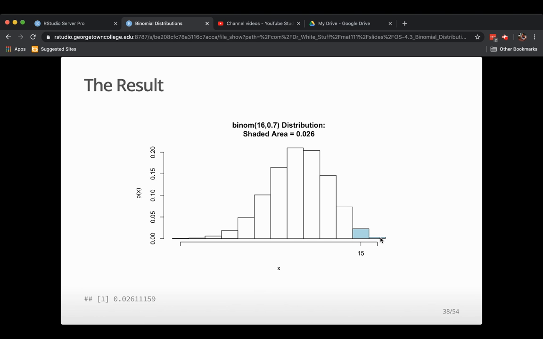And the sum of those two heights is a good bit more than it was last time, but it's still kind of small. It's about 0.026, about 2.6% chance.